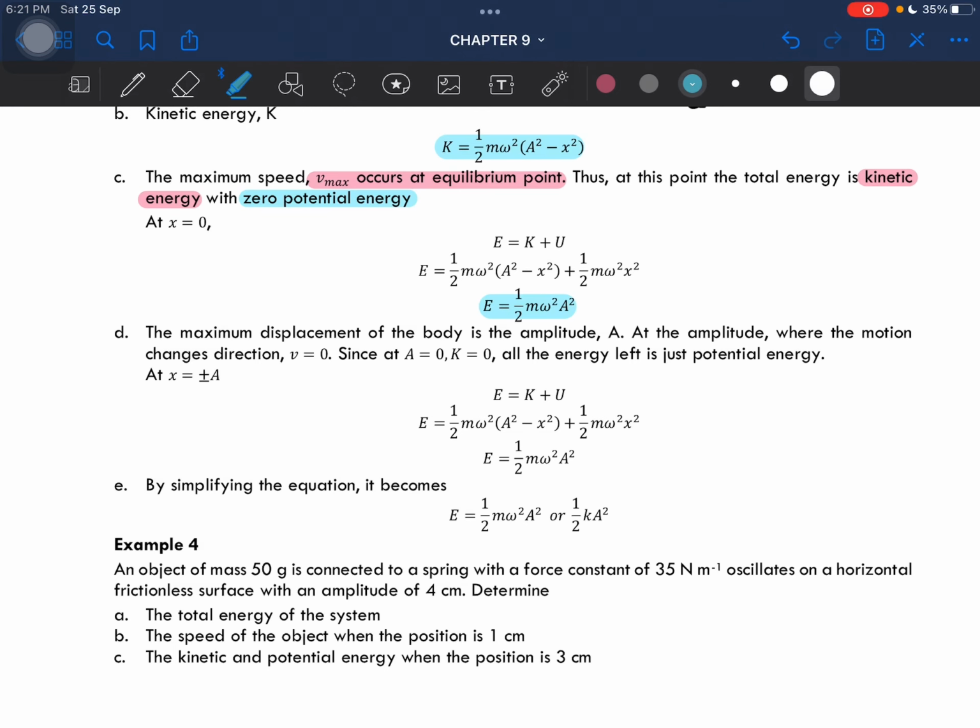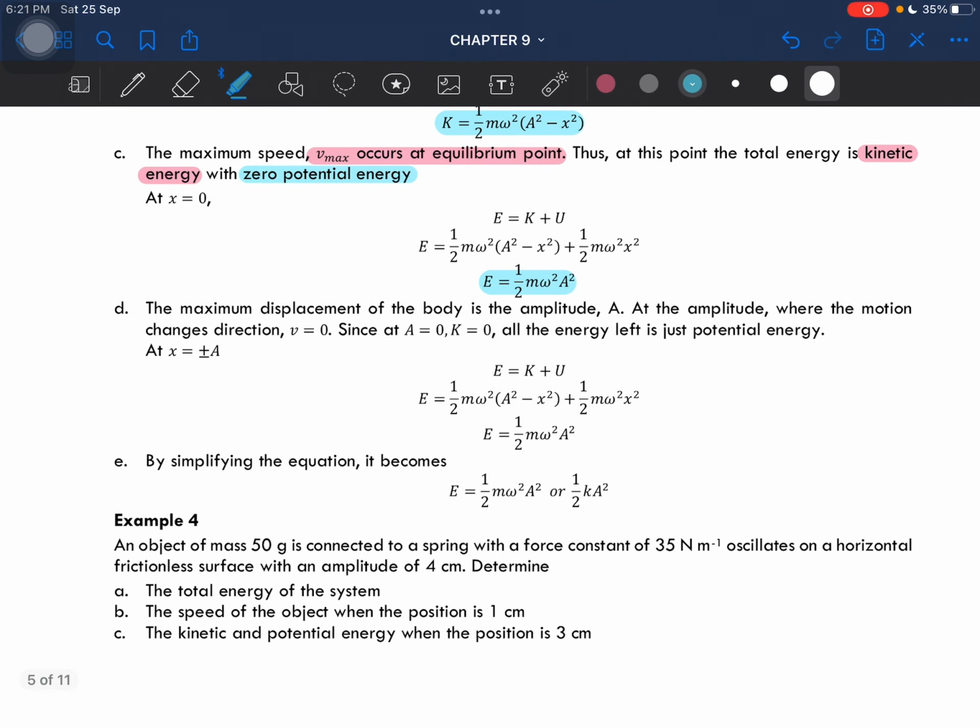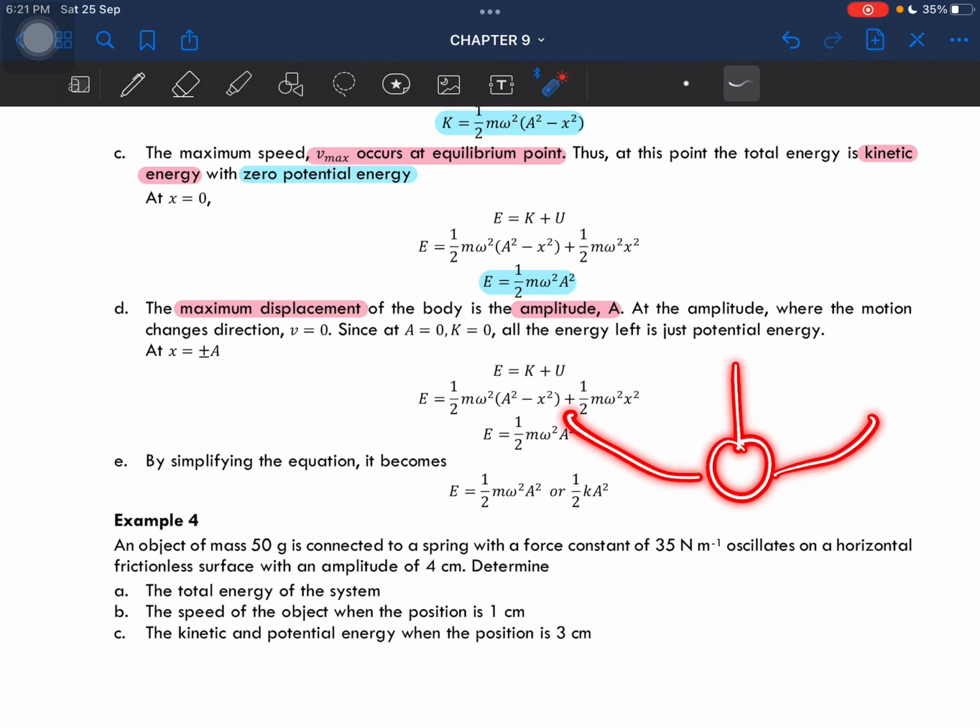The maximum displacement of the body is what we know to be the amplitude. At amplitude, the motion changes direction. For example, if this is the pendulum, at this point it will reach its maximum height, maximum amplitude. What happens at maximum amplitude or maximum height?